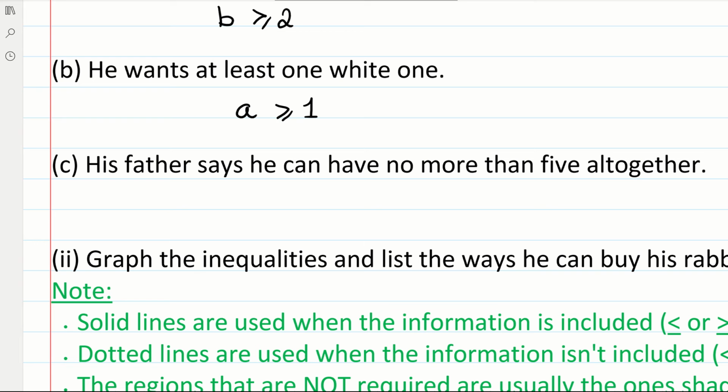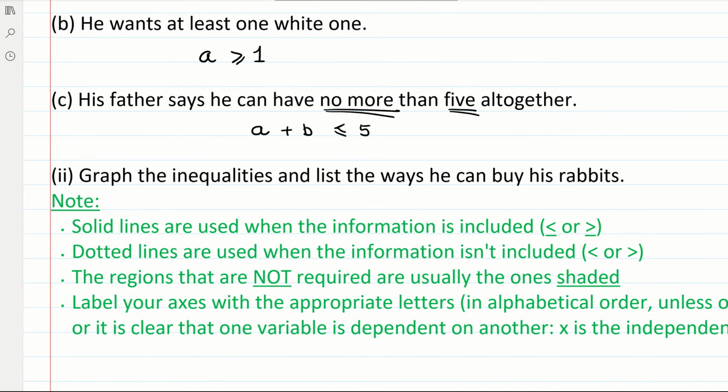So he can have a white one and a black one, but together, however many they are, they have to be less than or equal to 5, no more than 5. He's allowed to have 5. So it says, graph the inequalities and list the ways he can buy his rabbits.